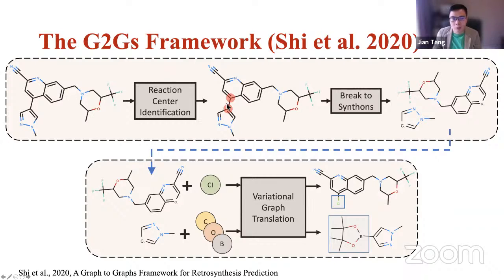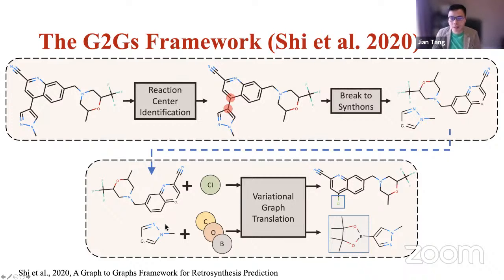What we need to do is determine where the reaction happens. Once we identify the reaction center, we break this bond and divide the molecule into two sub-molecules, which we call synthons.